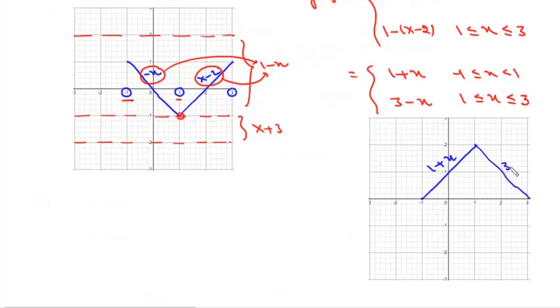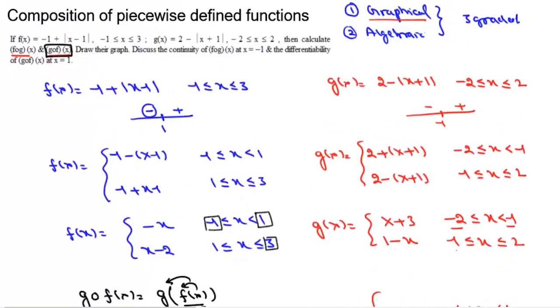So that's the definition, 3 minus x. Now this g of fx is continuous in minus 1 to 3, and it is not differentiable at x equals 1. So this function is not differentiable at this point, x equals 1. So we can solve these composite functions either using a graph or using this algebraic method. Now we'll take up the second example.